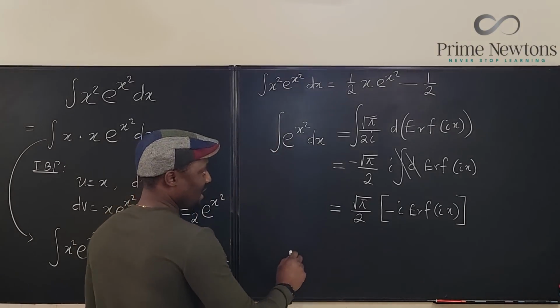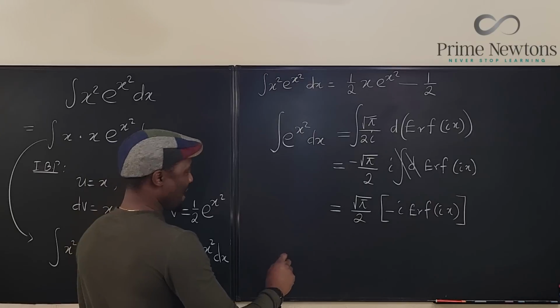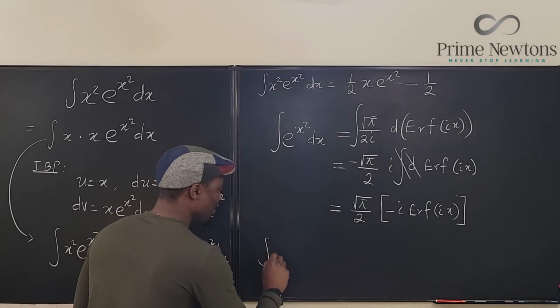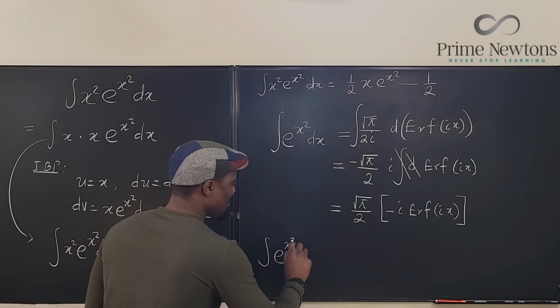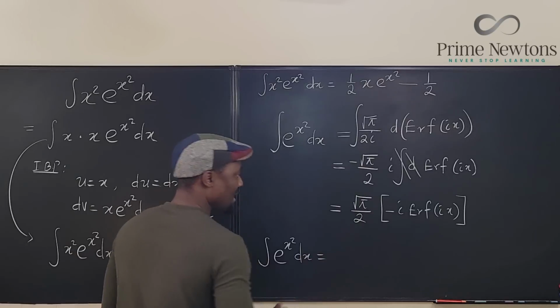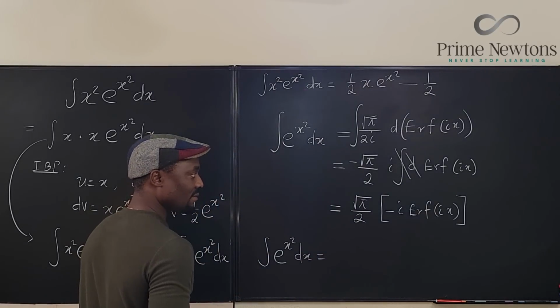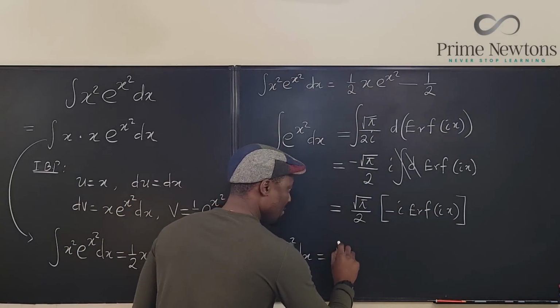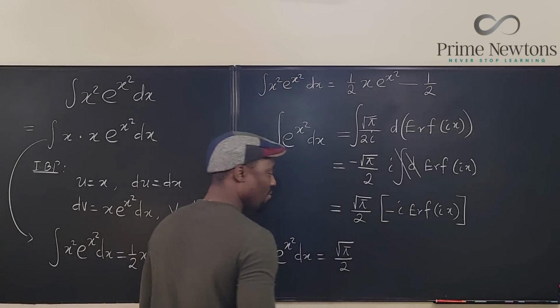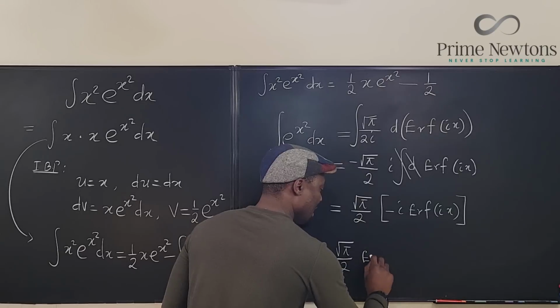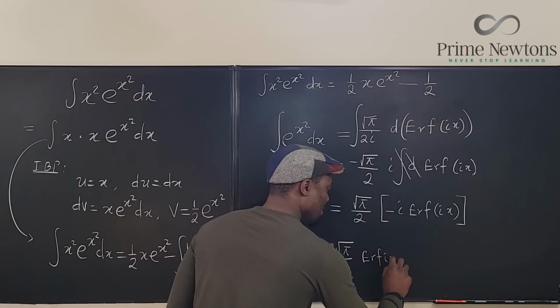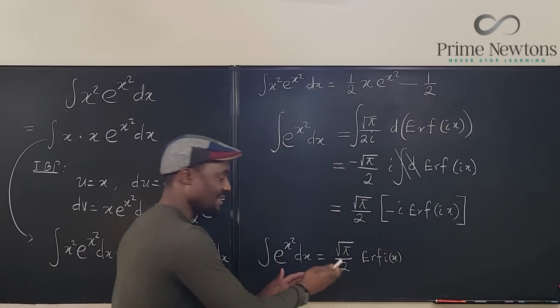Okay, so we can clearly now say that the integral of e to the x squared dx is equal to the square root of pi over 2 multiplied by the imaginary error function of x. That's it.